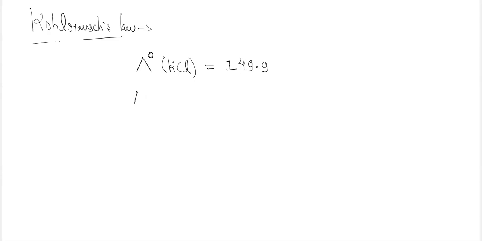And for NaCl, both electrolytes have a common anion. Only the cation is changed, that is K and Na. Here the value is 126.5. If I take the difference, the value becomes 23.4.